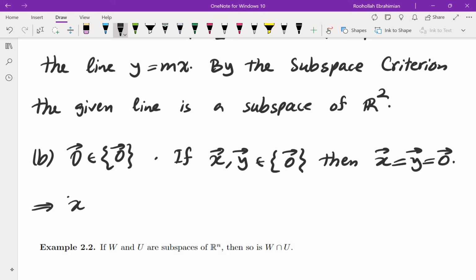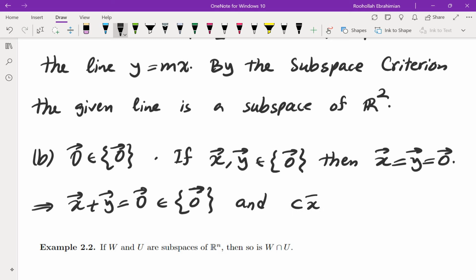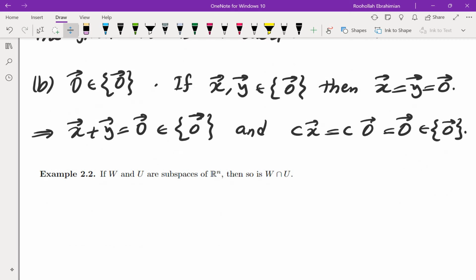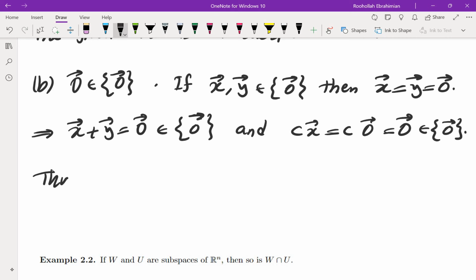So x plus y is also 0, which is in the same set. And c times x is c times the 0 vector, which is 0, which is also in the same set. So by the subspace criterion, the singleton {0} is a subspace.